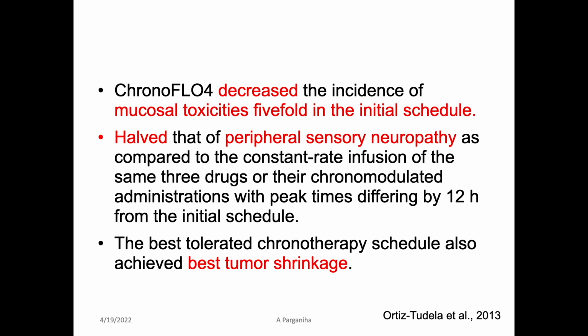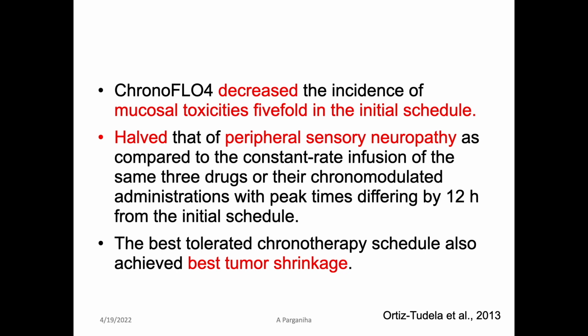That means this protocol is better tolerated and it decreases the toxicity. In addition to that, it halves the peripheral sensory neuropathy as compared to the constant rate infusion, as well as the chronomodulated administration with peak timing differing by 12 hours from the initial schedule.